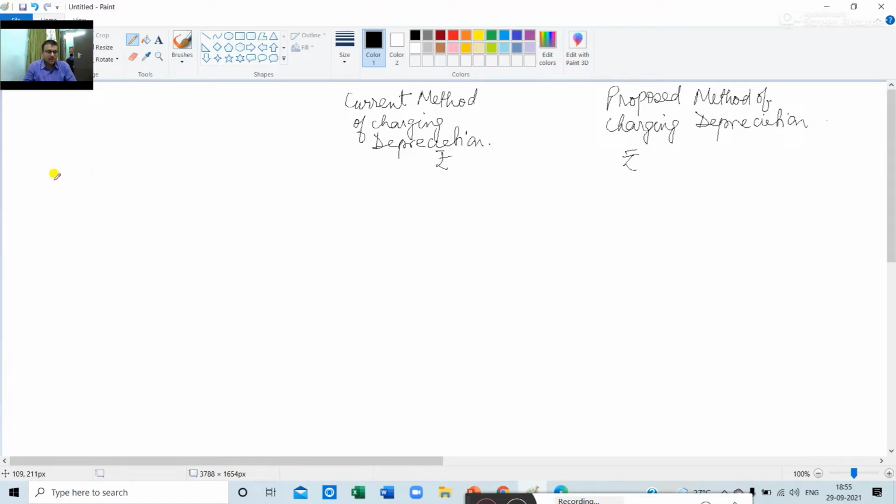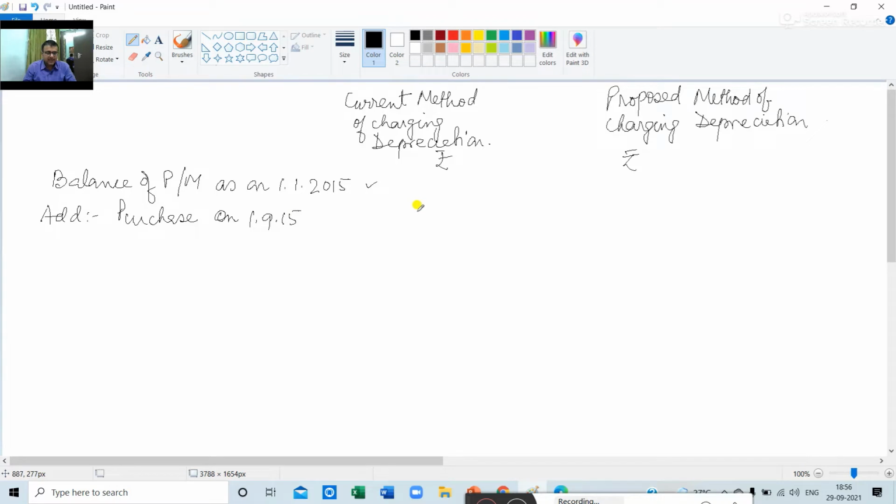So the balance of plant and machinery as on 1st January 2015. This figure is not given. We will find it out. And purchase on 1st September 2015.